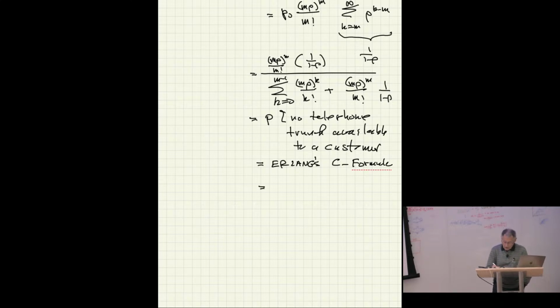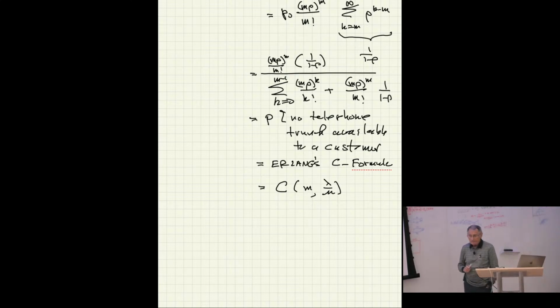It's denoted in the literature as capital C for C formula. The parameters are m, the number of trunks, and the individual arrival rate, lambda over mu. And telephone engineers use this all the time. Basically, if you give them lambda over mu, they have to choose an m, so this probability is very small.